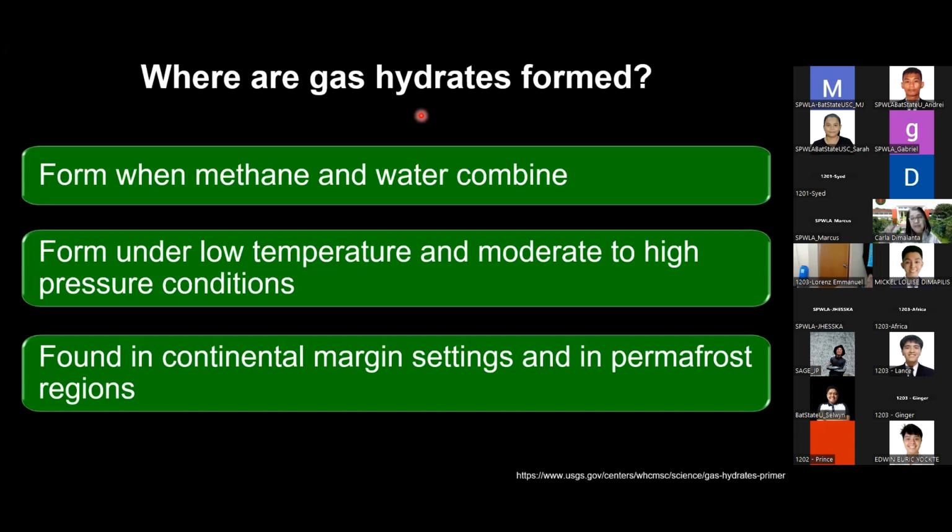In the permafrost regions, they occur at relatively shallow levels, but in the continental margin settings or where you have convergent zones, this is where you find the gas hydrates to be at deeper levels or deeper water depths. So this is where the challenge comes in when trying to extract offshore gas hydrate deposits.